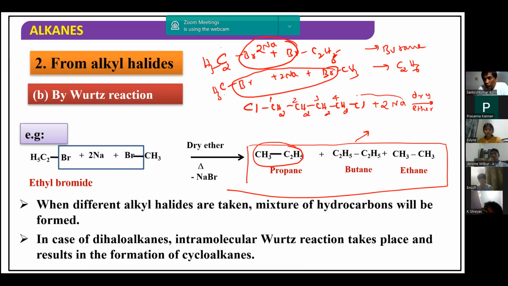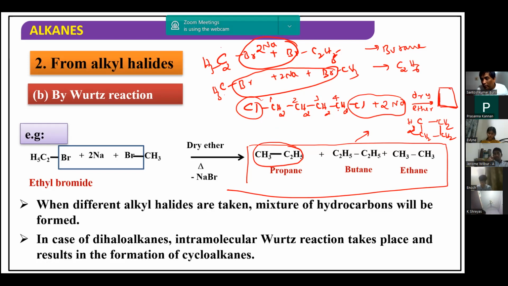This sodium removes this Cl also, this Cl also. Wherever you are removing the Cls, connect those two carbon atoms. You connect the 1 and 4 carbon atoms and make a cyclic compound like this, CH2, CH2, CH2, CH2. We call this cyclobutane, which can be represented simply like this.